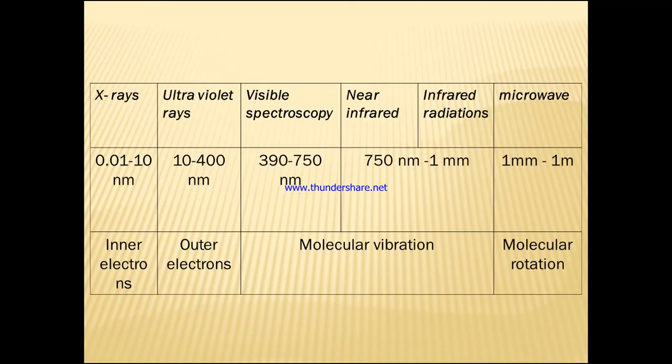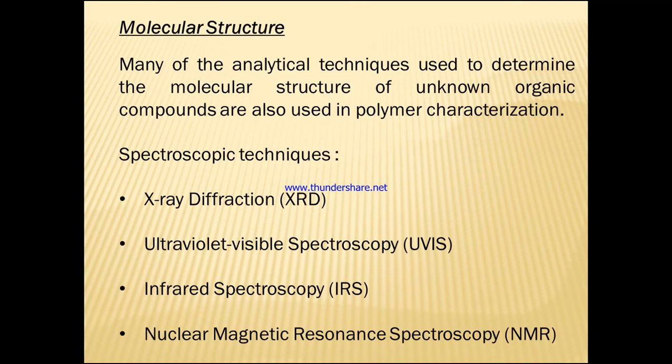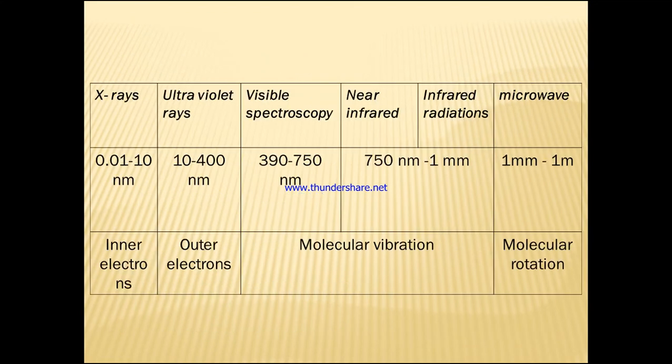Now, on what basis do all these processes depend: X-ray diffraction, ultraviolet visual spectroscopy, infrared spectroscopy, or the NMR scan? All these depend on this criterion here, that is the frequency or the wavelength, as well as the technique and how it works here.